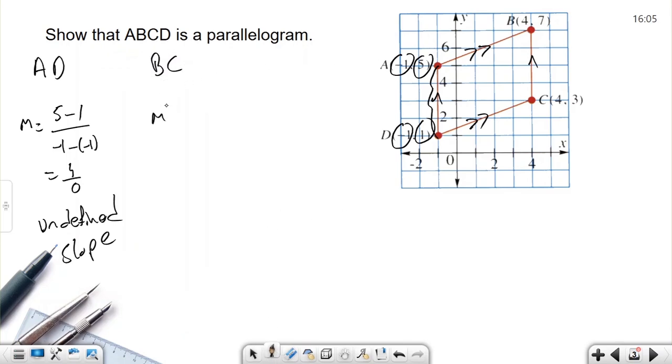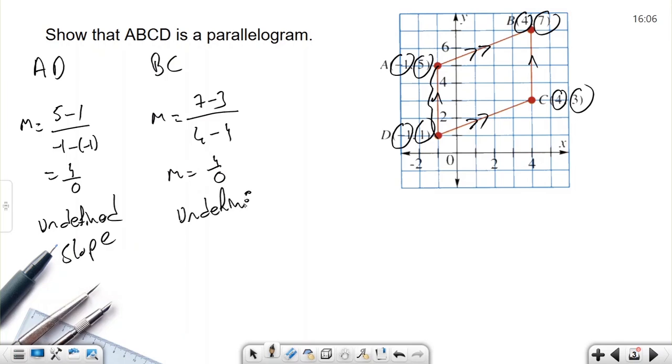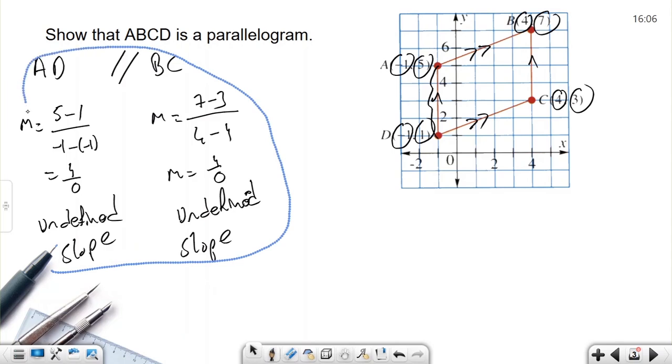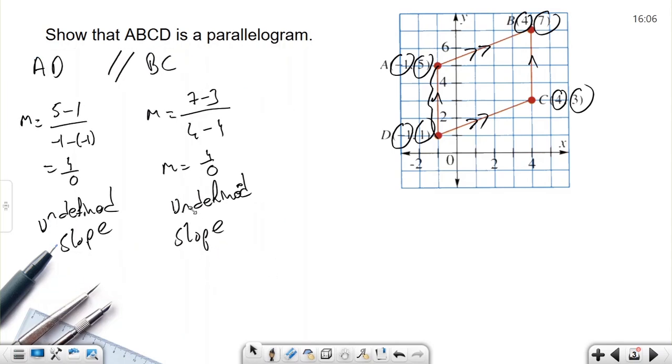Now the slope of BC: 7 minus 3 over 4 minus 4. 4 minus 4 is again 0, m equals 4 over 0, undefined slope. They have the same slope, so AD is parallel to BC.